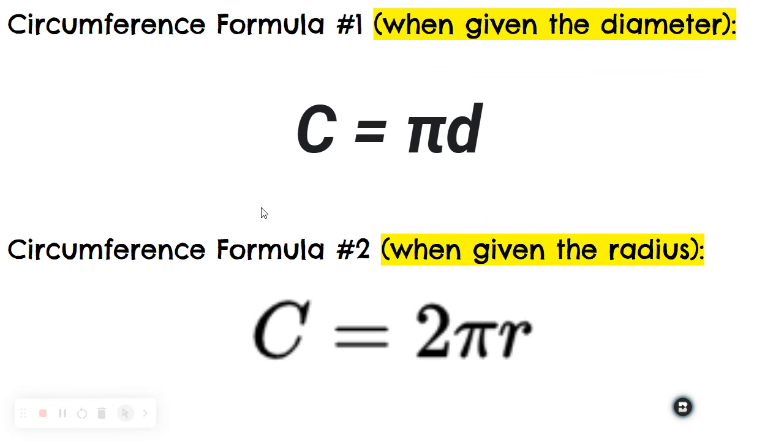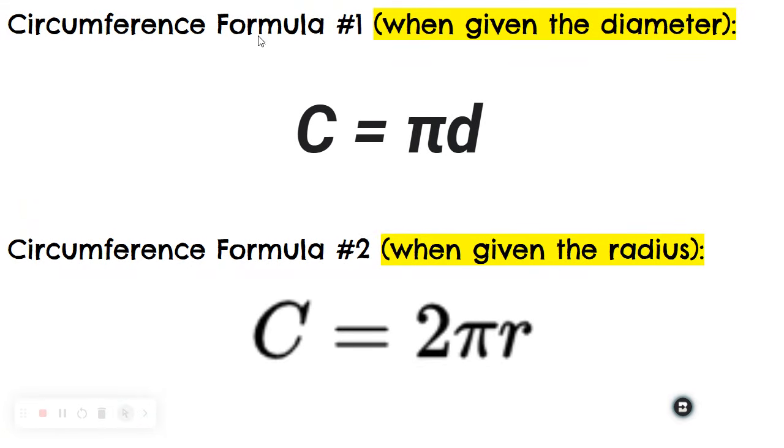There are 2 different formulas. They are both on the screen right now. You need to make sure that on the inside of these circumference notes, you write both of these formulas on that top left side. The circumference formula when you are given the diameter is to take pi, we are going to use 3.14, times the diameter.